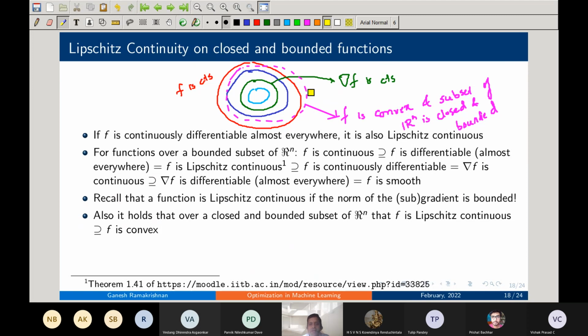Now we are saying that if f is convex on a subset of Rn that is closed and bounded, then it is Lipschitz continuous. Let me make that correction.